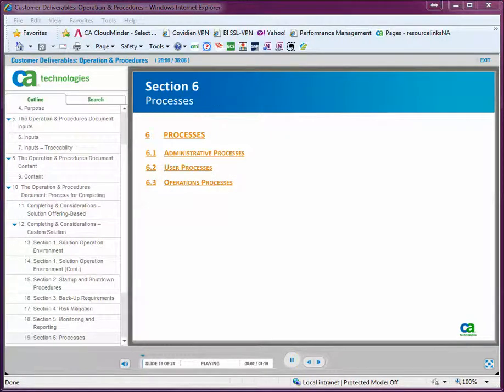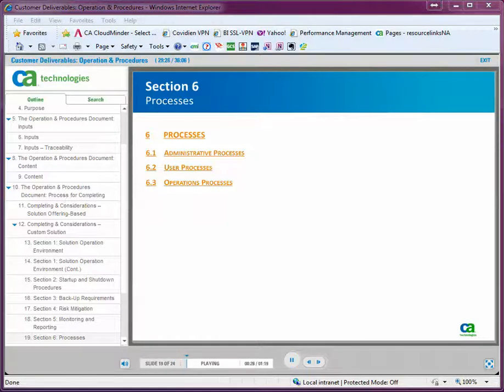As we move into the processes section and document those in Section 6, 6.1, this is where we're going to describe the administrative processes that the solution administrators need to use in order to properly maintain and interact with the solution that we've deployed. Describe how the solution administrators grant access to end users, produce reports, and interact with the operations group.